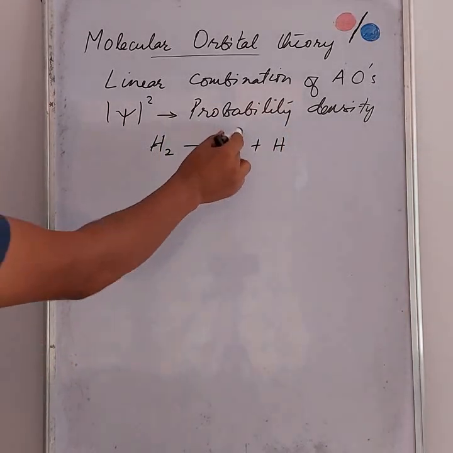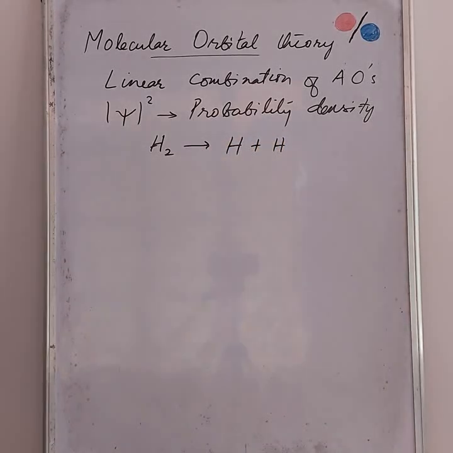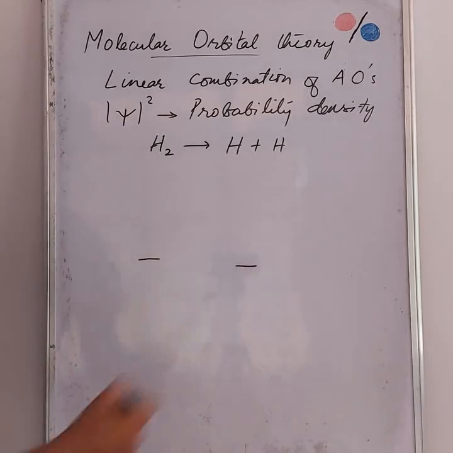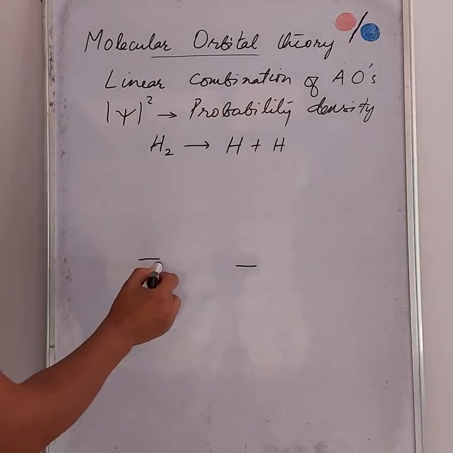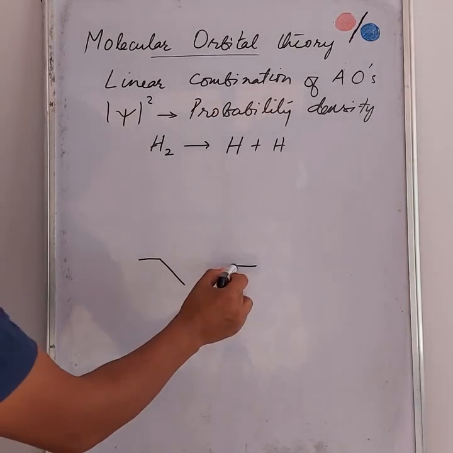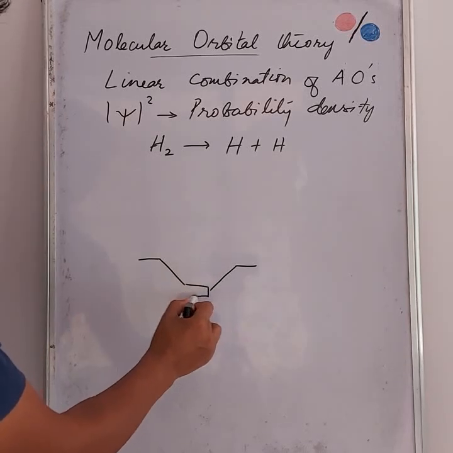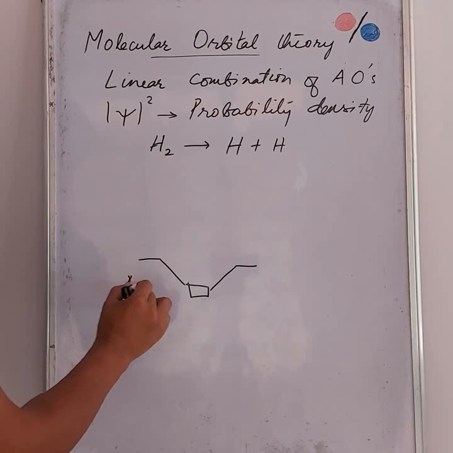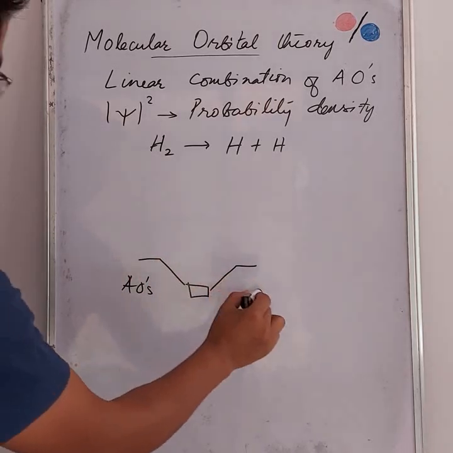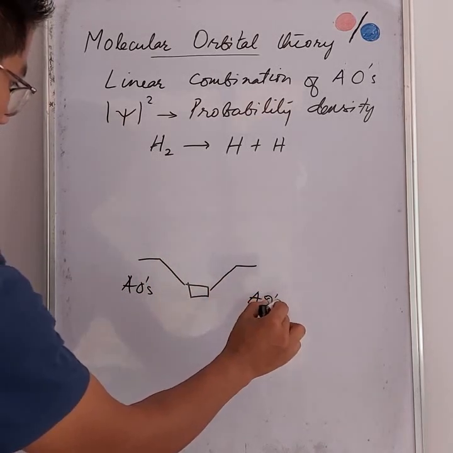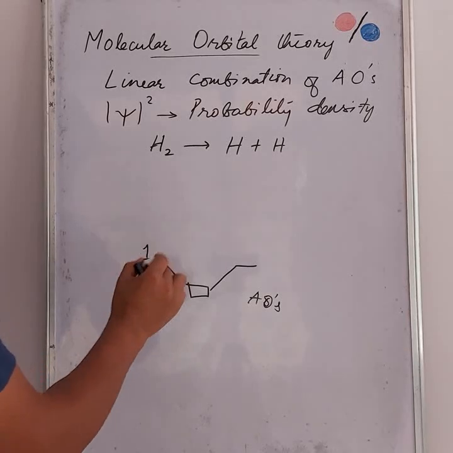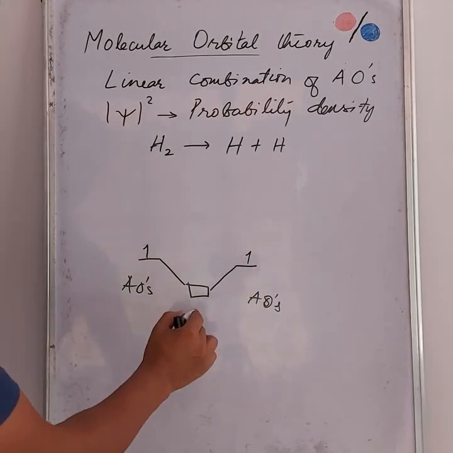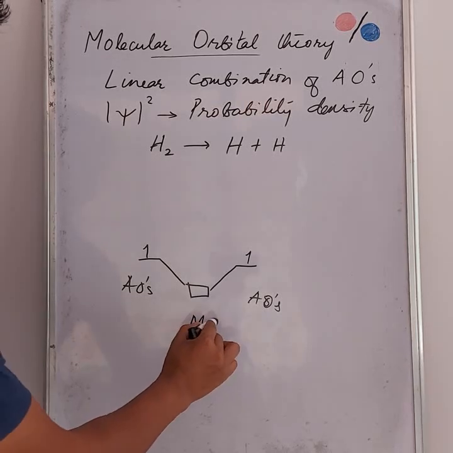These two hydrogen atoms each have one atomic orbital, and then they combine to give us the molecular orbitals.